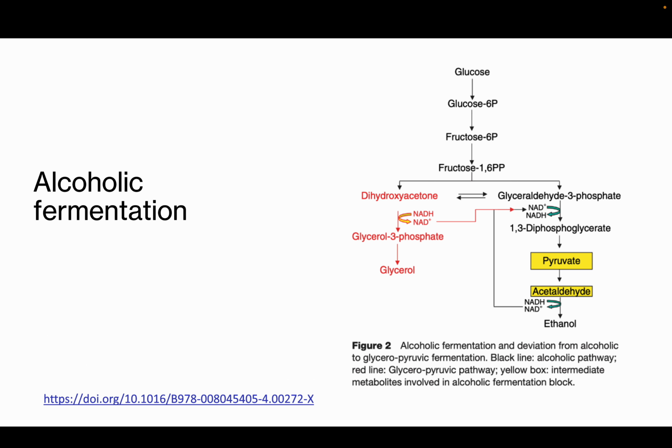Going back to this figure, once pyruvate is available, in the presence of a decarboxylase enzyme it's converted to acetaldehyde, and acetaldehyde can be further converted to ethanol.